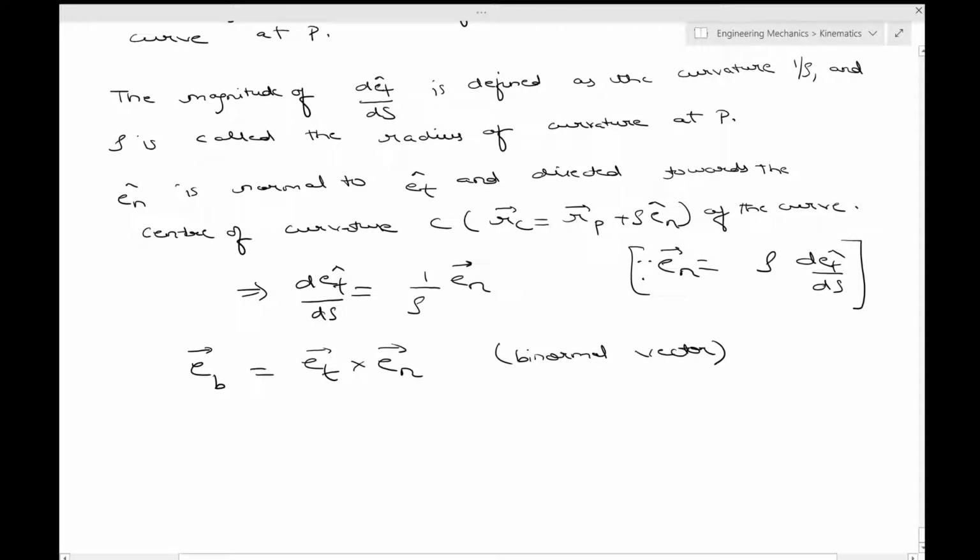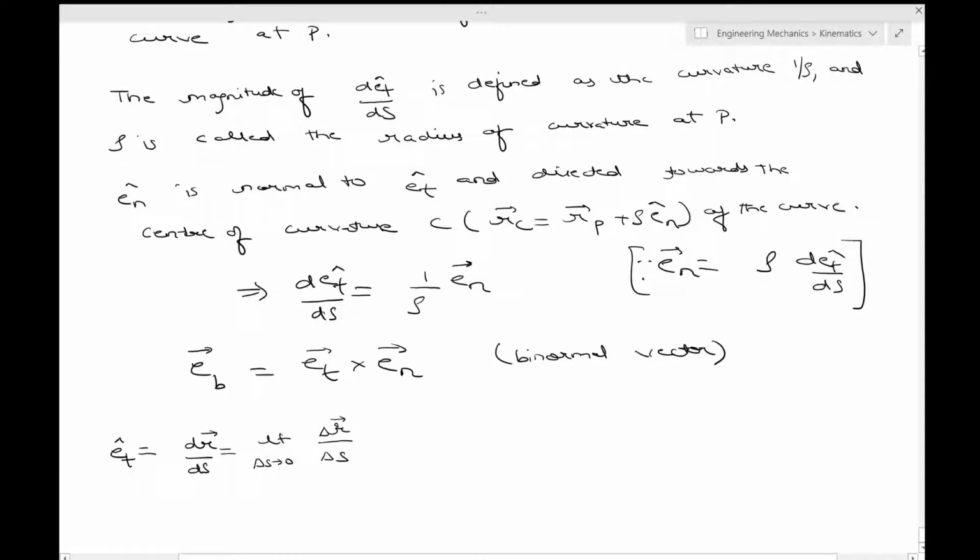Let's now revise all the definitions which we have had. We had Et is equal to dr by ds, which is the limit as delta s tends to 0 of delta r by delta s.